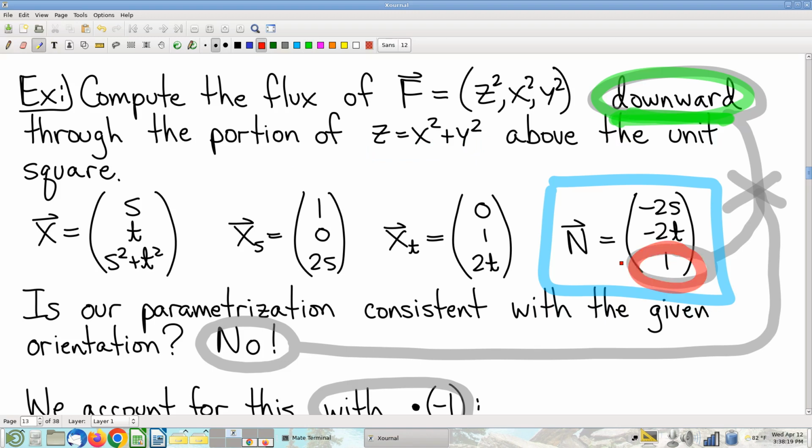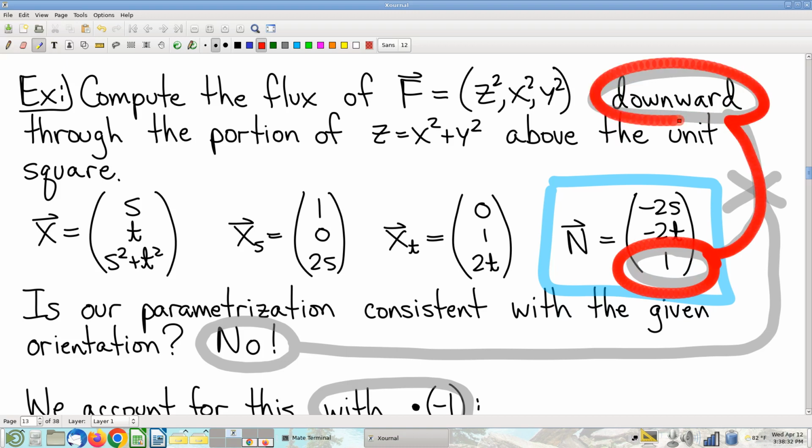Right? You can see right here, my vertical component here is positive. So if anything, you would call this an upward orientation. So I have guessed wrong. I parameterized backwards. I parameterized upside down. However you want to say it, my orientation is wrong.